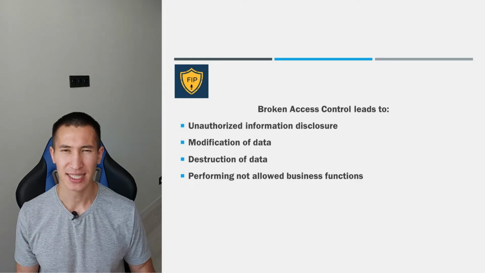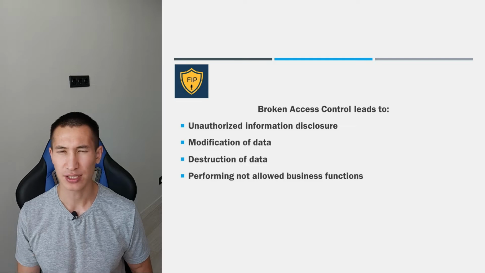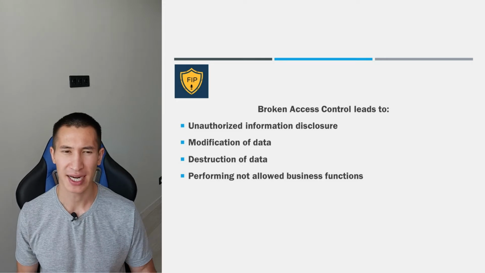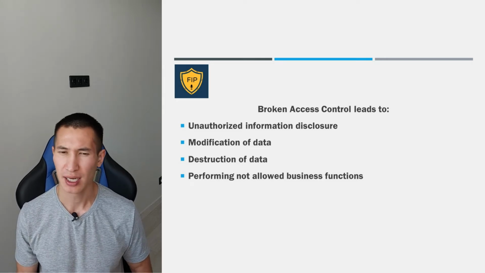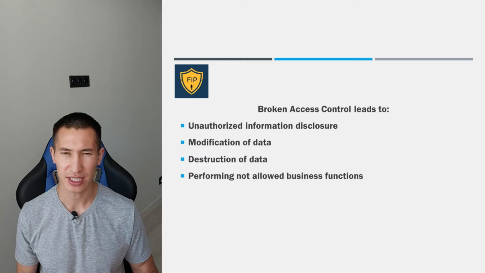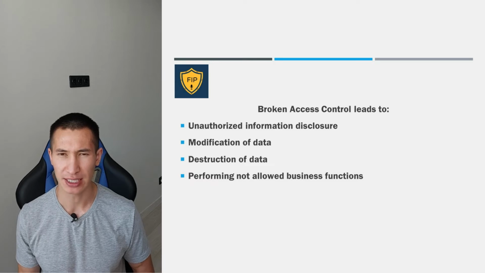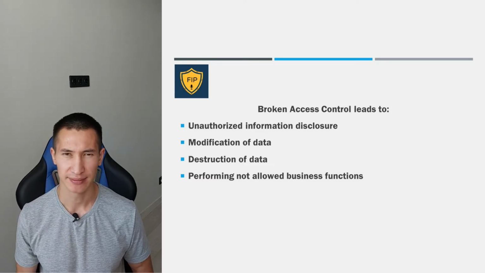Access control restricts the actions of users according to their permissions. If it fails, something bad like unauthorized information disclosure, modification, destruction of all data, and performing a business function outside the user's limits can happen.